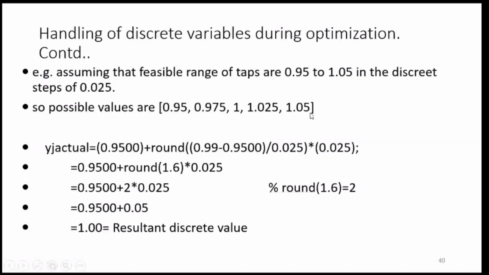So suppose in optimization I obtain its value as 0.99, then I have to convert this continuous value into the discrete value using this equation, right? So the resultant discrete value is equal to the minimum value plus rounding of actual minus minimum upon step, which is 0.025, into 0.025. So ultimately you will obtain this resultant value as 1. Right, so this equation can be used.